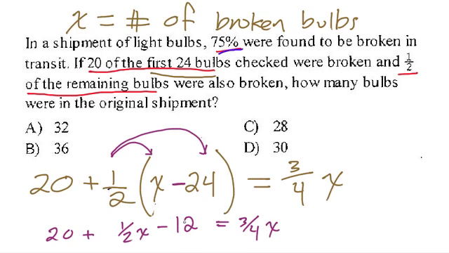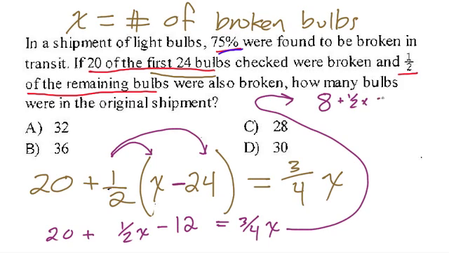So now I combine my 12 and 20: 20 minus 12 is 8, plus 1/2 x equals 3/4 x.